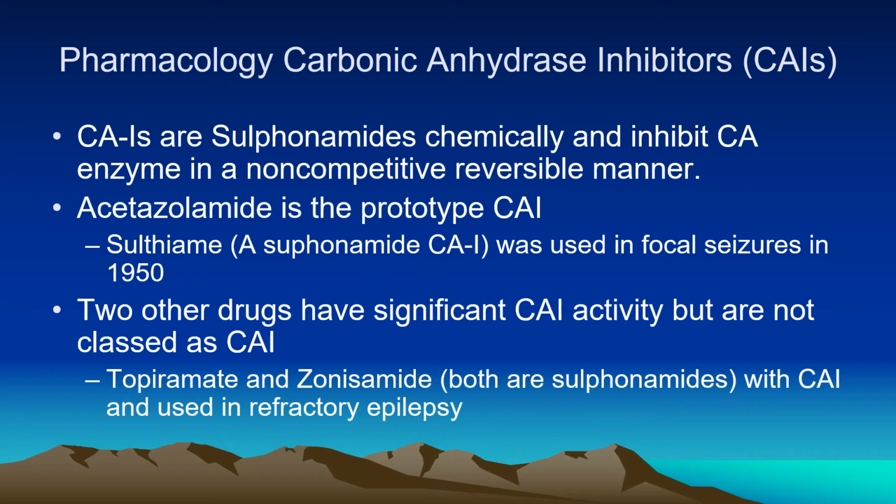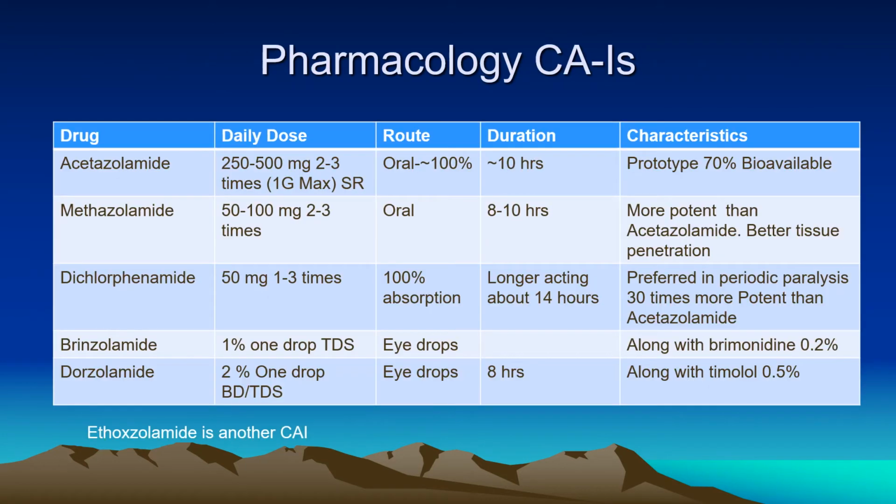In addition to the conventional carbonic anhydrase inhibitors, we also have other drugs such as topiramate and zonisamide, which are sulfonamides and are important drugs in the management of refractory epilepsy, and they have significant carbonic anhydrase inhibiting activity.